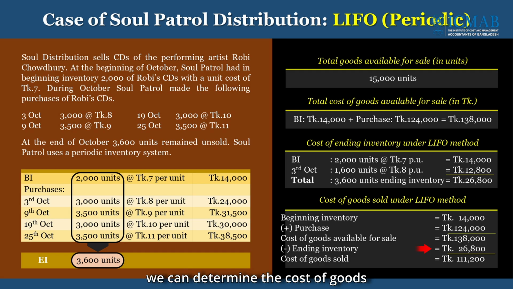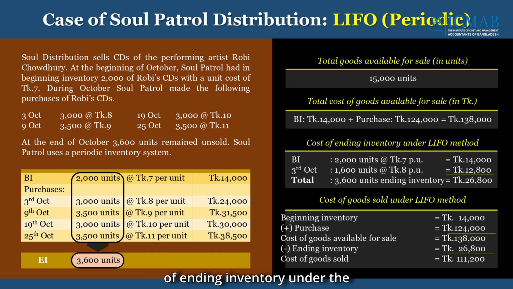Similarly, we can determine the cost of goods sold. If we sum the value of beginning inventory and net purchases, we get the cost of goods available for sale, which stands at 1,38,000. Then we deduct the ending inventory from this, and we get the cost of goods sold, which here is 1,11,200.